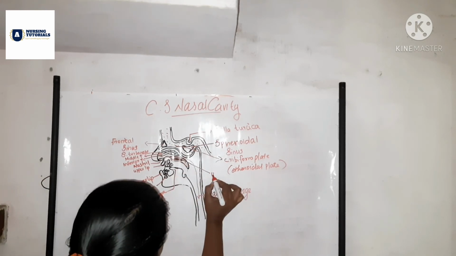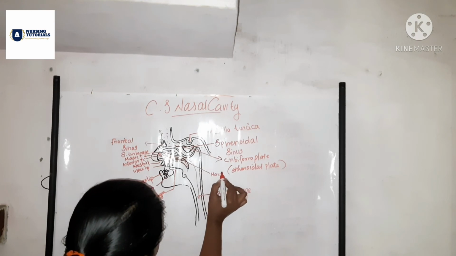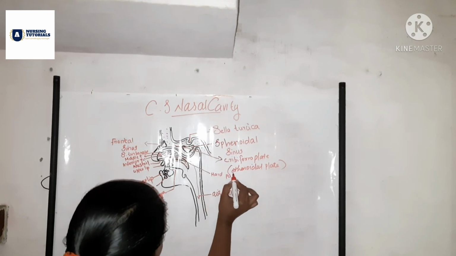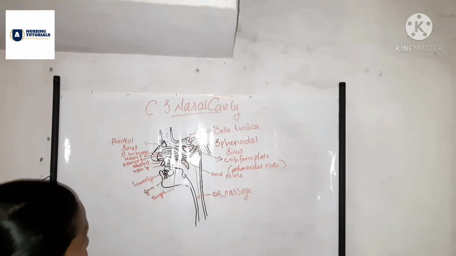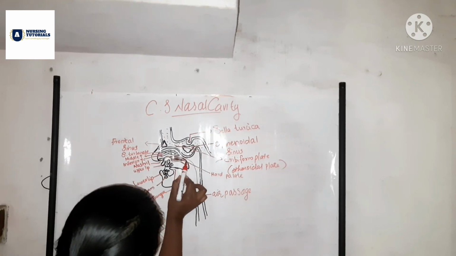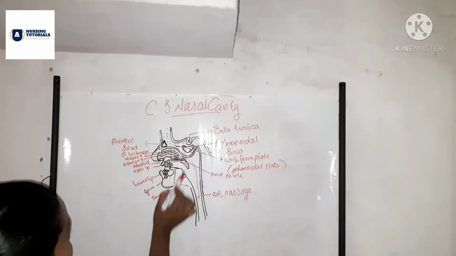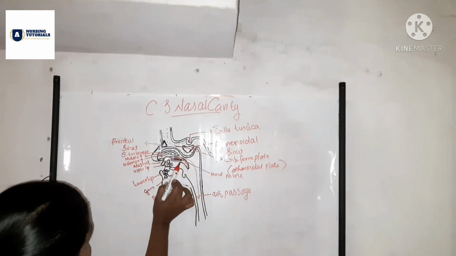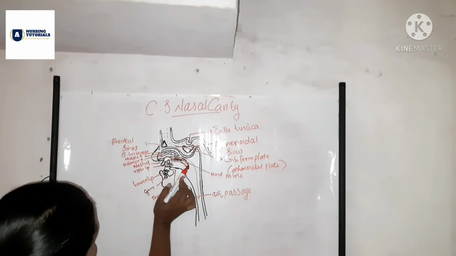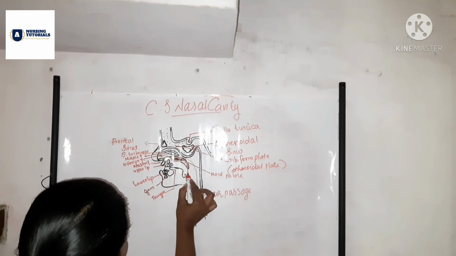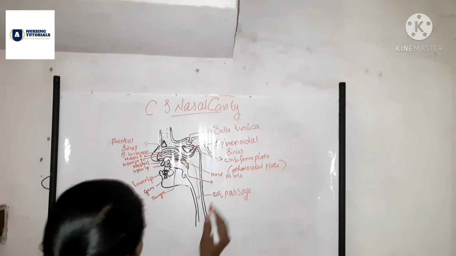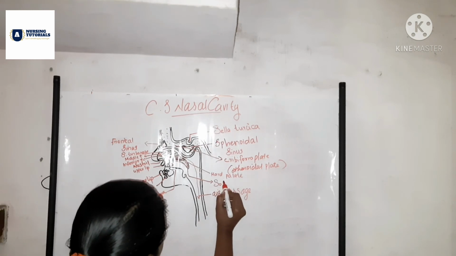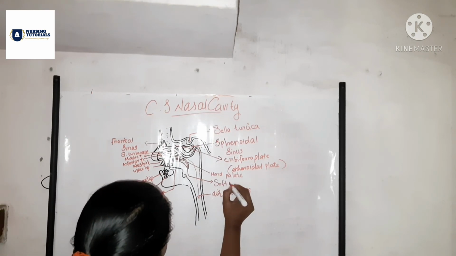There are two parts: the hard palate, which has a bony structure, and posterior to the hard palate, the soft palate, which has only tissues, no bones. Where the hard palate has bone, the soft palate has no bones.